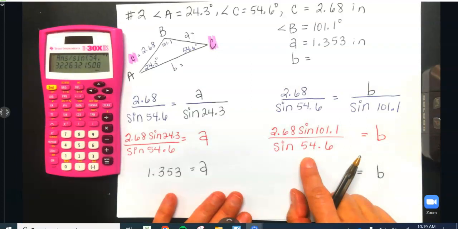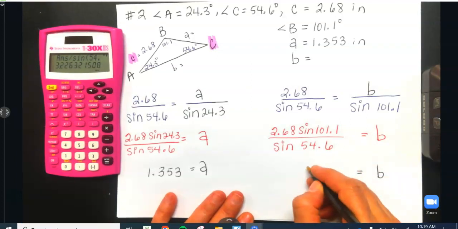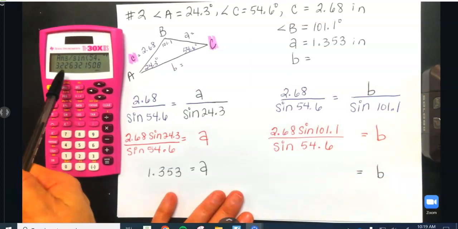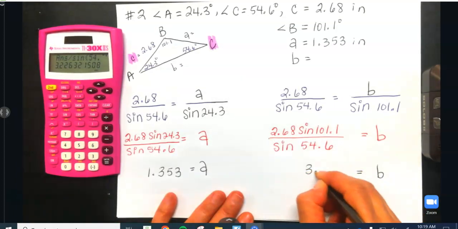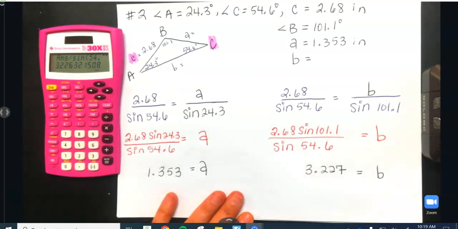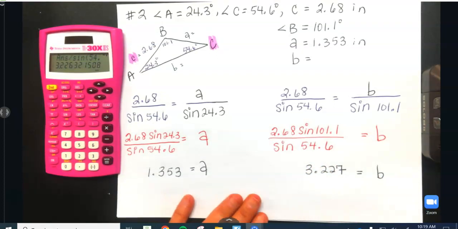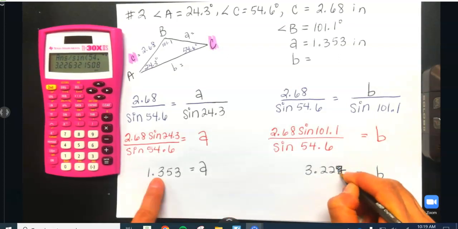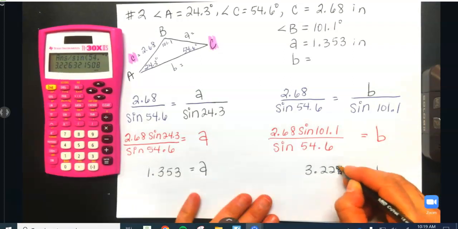So that's going to be 3.223. No, 3.227. Right? Yes. No, what is it? That's not right. What's the answer? Oh yeah, I have that one, but this stays as a 6.